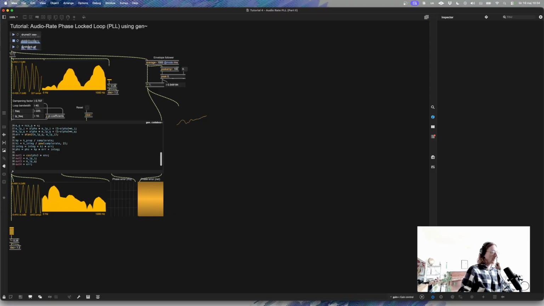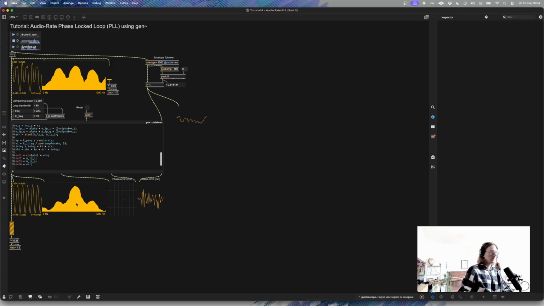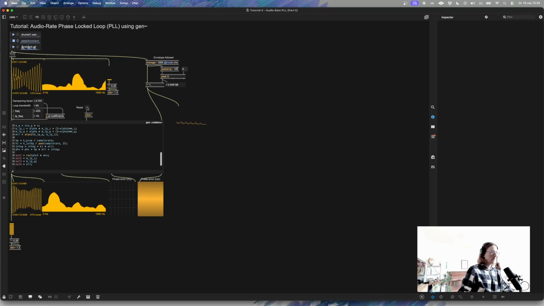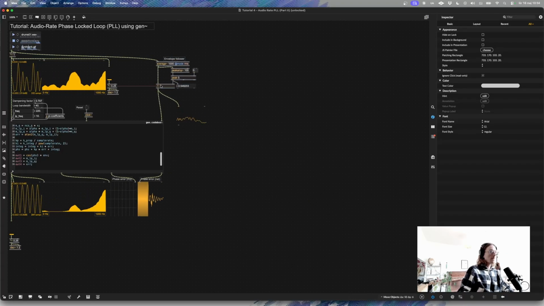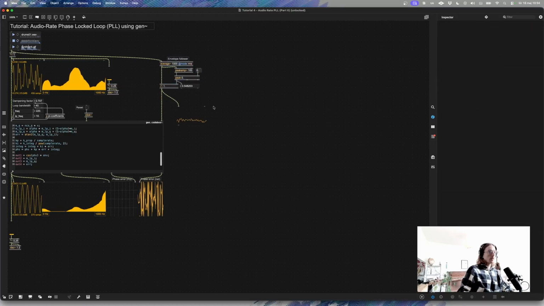So now we should have something that also tracks the envelope of the input signal. So that works well.